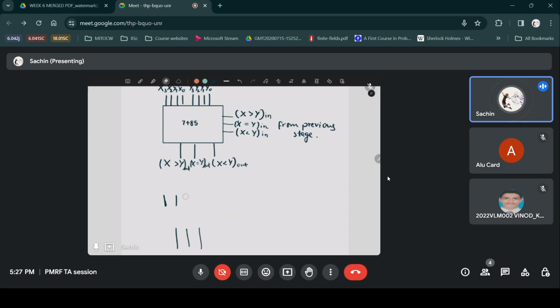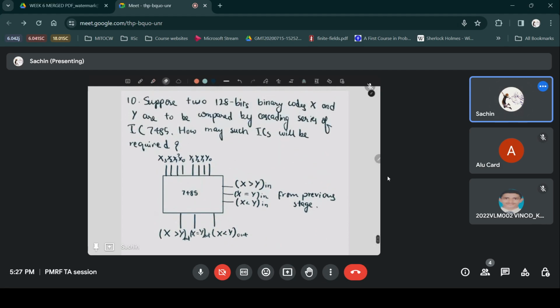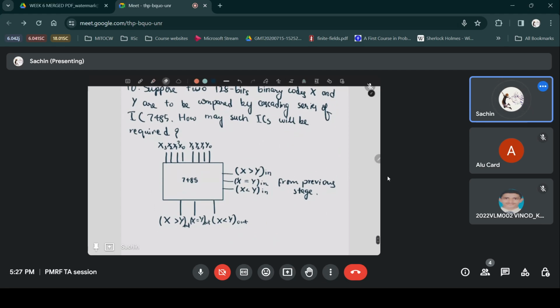Now the question is, if you have a 4-digit comparator that can compare two 4-digit numbers, then to compare 128-digit numbers, how many stages will there be in the cascade? Each of these comparators can take 4 bits and compare.